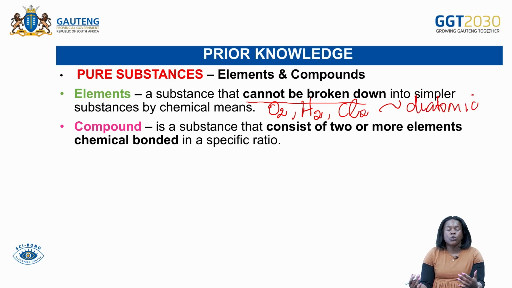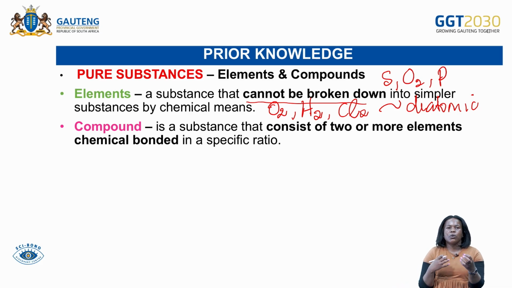Other elements do not exist as diatomic molecules, meaning that they do not have to go in two atoms. We can just say sulfur, phosphorus, and all of those that are present in the periodic table of elements.